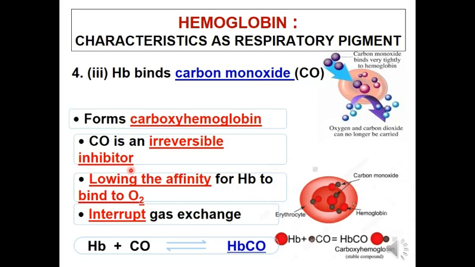We can see from the diagram, when carbon monoxide binds with hemoglobin, oxygen and carbon dioxide can no longer be carried, and this will interrupt our gas exchange.